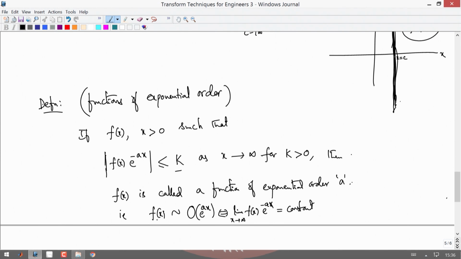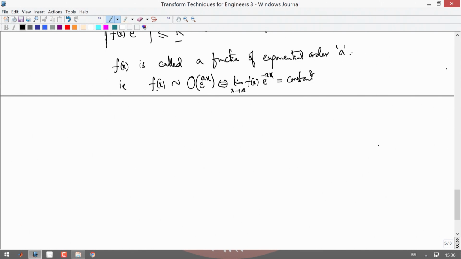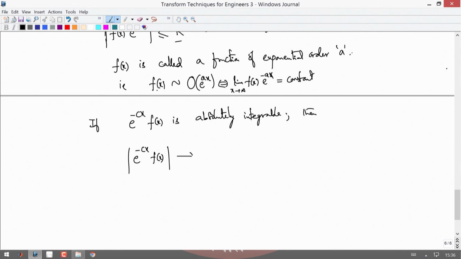But now if you use your earlier definition, so if e power minus cx times f of x is absolutely integrable, then what is the meaning of this? E power minus cx into f of x goes to 0 as x goes to infinity, that is the meaning.